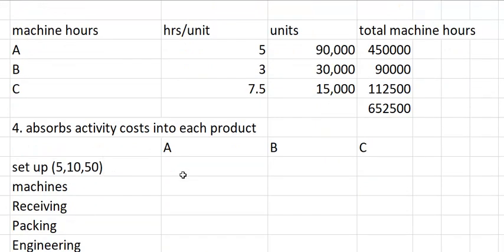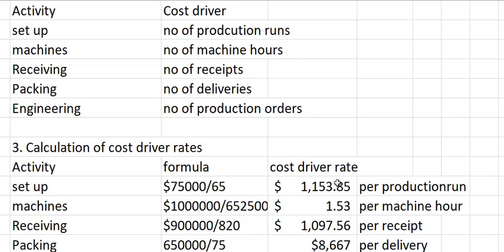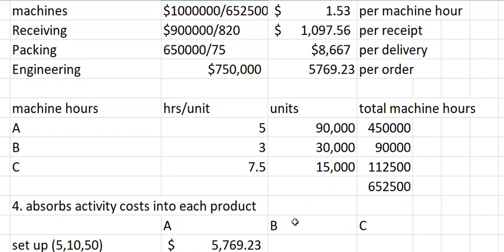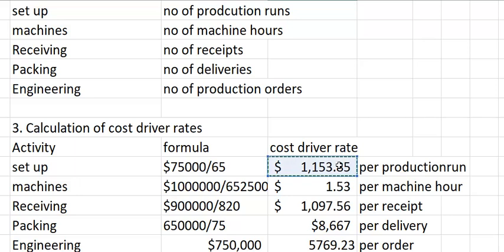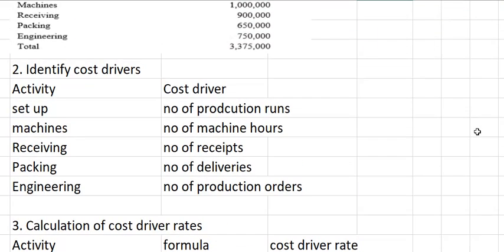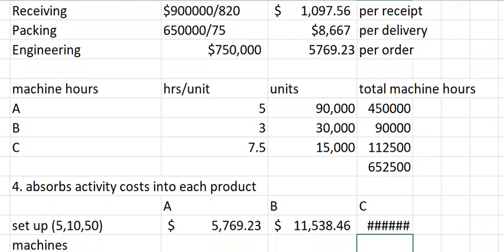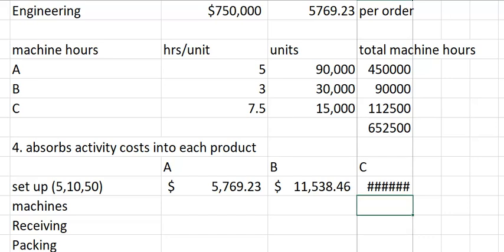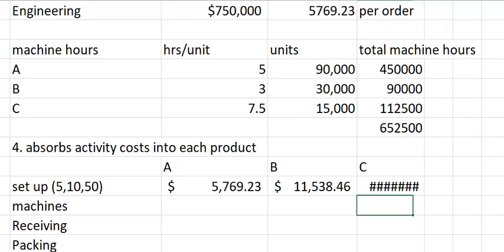So here it will be equals 5 times 1153. Then here it will be 10 times 1153. And here it will be 50 times 1153. Okay, so that's step number 4, where we are trying to absorb activity costs into each product.